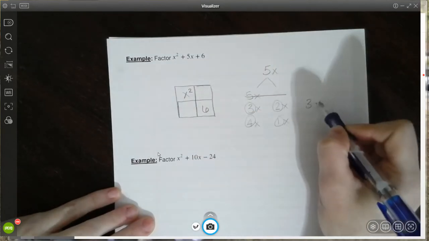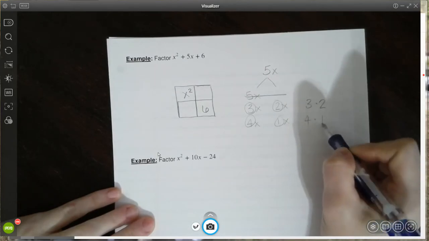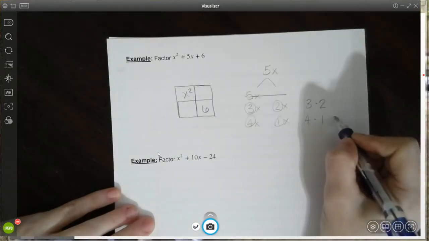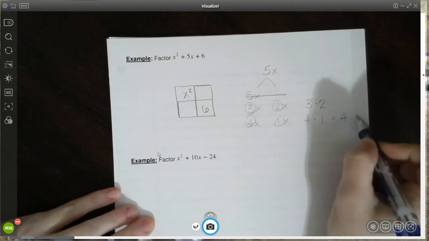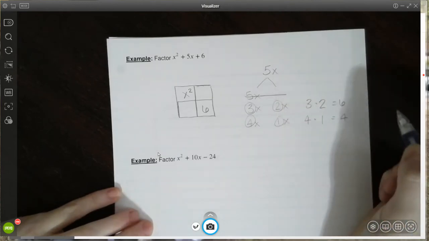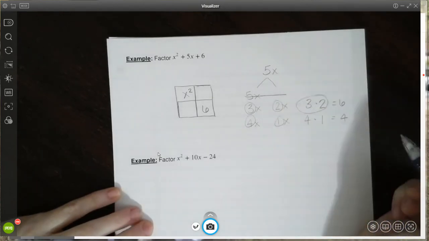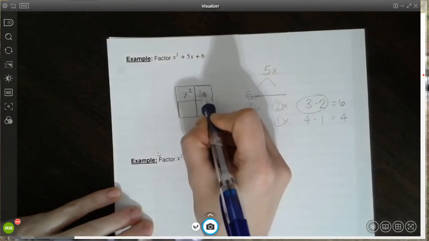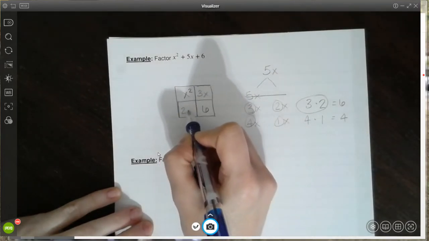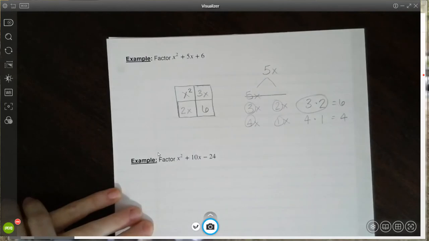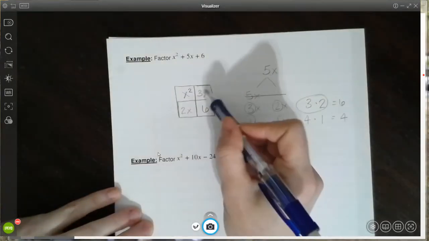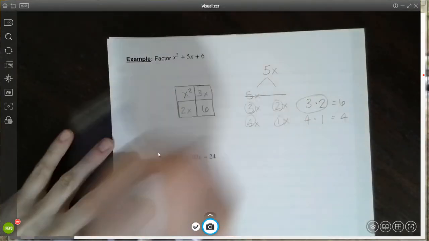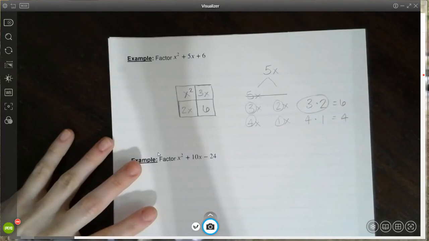So this would be 3 times 2, and this would be 4 times 1. This gives me 4. That doesn't work. This gives me 6. So I know that those two corner boxes have to be 3x and 2x. Now when I combine 3x and 2x together, I get 5x, which is perfect because that's what we need.